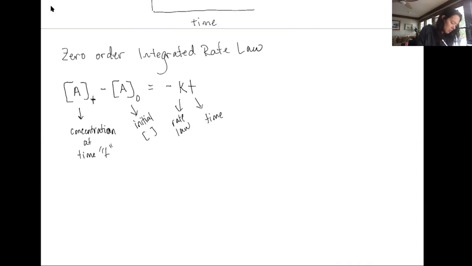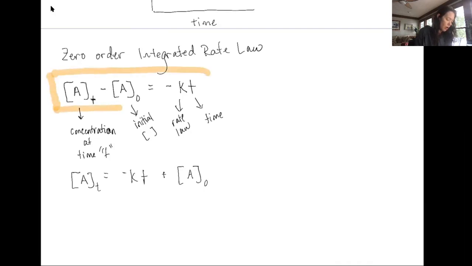Now you could easily rearrange that and say that the concentration at a particular time is equal to negative kt plus the initial concentration. It's written like this on your equation sheet that AP gives you. So if it is zero order, just as the zero order graph deals with the concentrations versus time, the zero order rate law deals with the concentrations versus time.